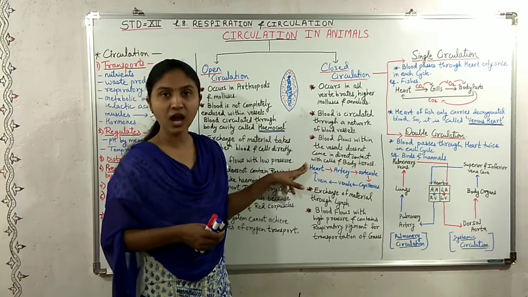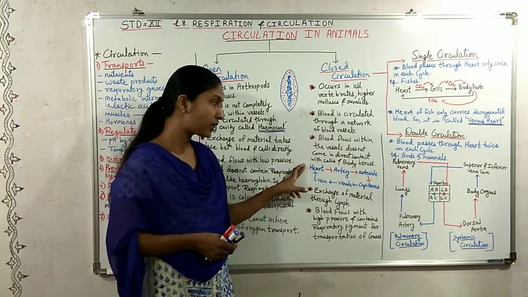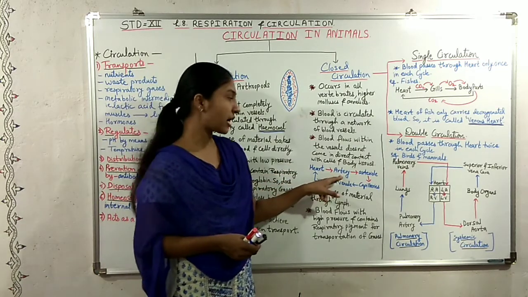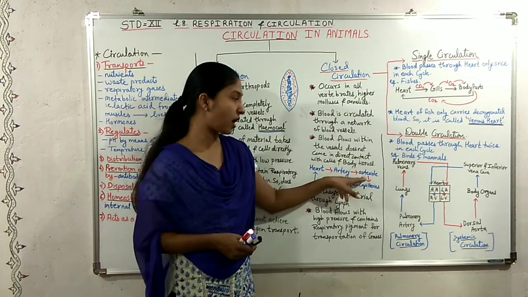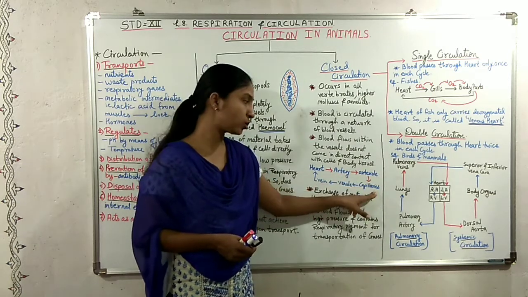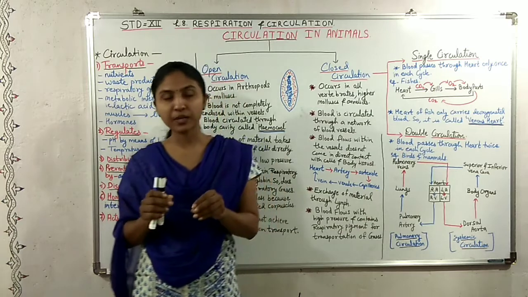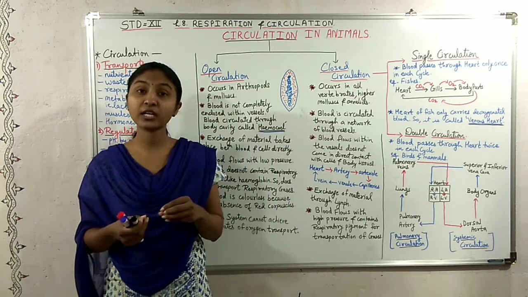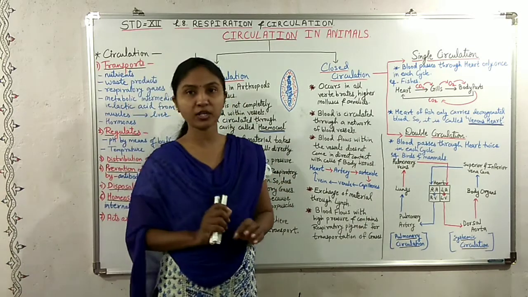Veins then join the heart. So from the heart, the oxygenated blood is taken by the arteries to the arterioles, through the arterioles to the capillaries, and these capillaries provide the oxygenated blood to the cells and the body tissues.